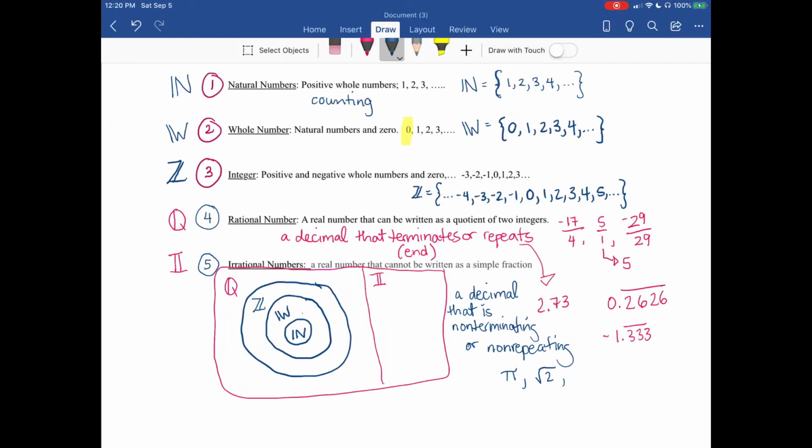Root 2, root 7, negative root 3 are examples of irrational numbers. And I'm going to make this messy, but I want you to be mindful of the fact that all of these, both rational and irrational, fall under the realm of the real number set.